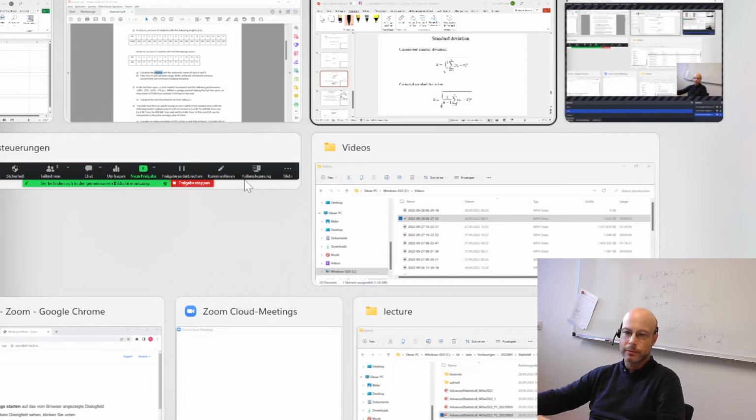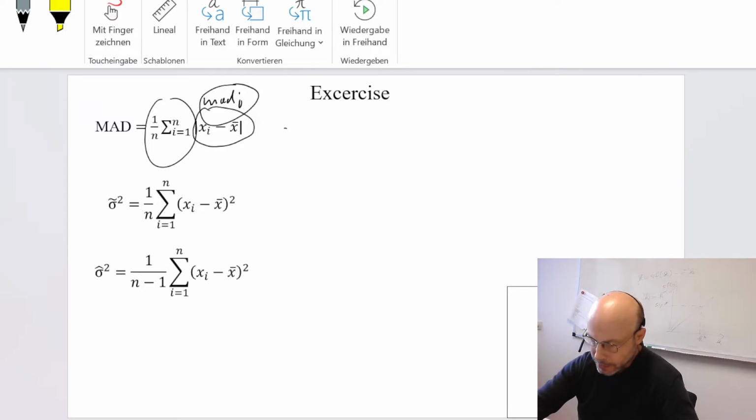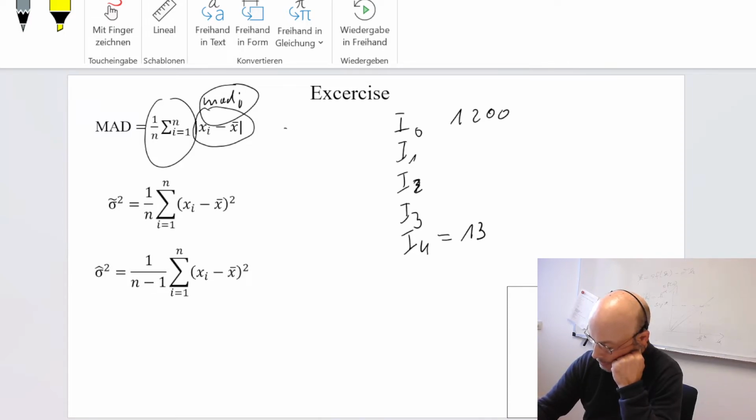So then let's go. Here, what is the task? We have the investment in time 0, which is 1,200. And then after here, E1, E2, E3, E4. Here we are at 1,350.